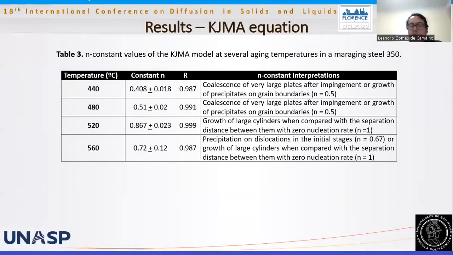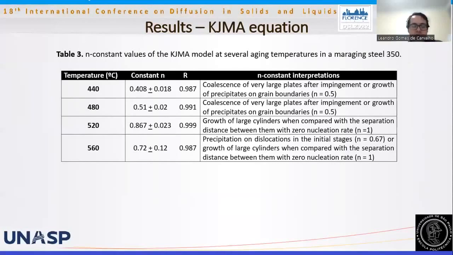Due to the small spacing between the precipitates formed in the initial stages of aging, it is supposed that the impingement of the diffusion fields may influence the precipitation kinetics, as no comparative studies have been found relating these models in the kinetics of precipitation in maraging steels.